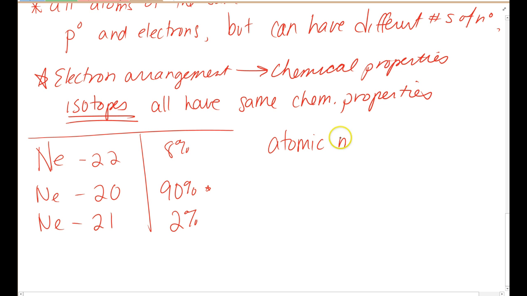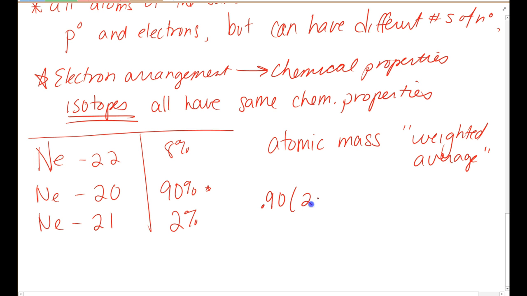So atomic mass is what we call a weighted average. Okay, so let's take that. Let's say if 90% has to have a mass number of 20, plus 8%, which is 0.08, is 22, plus 0.02 is 21.